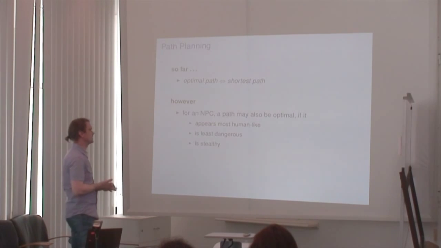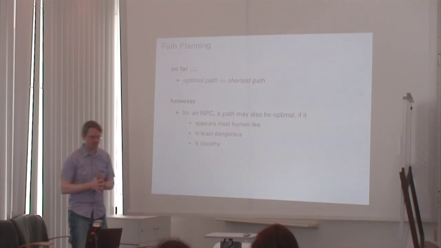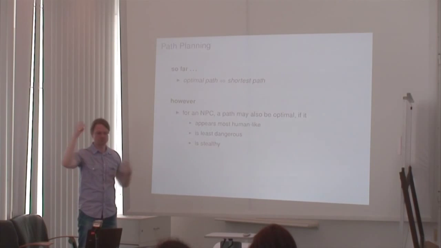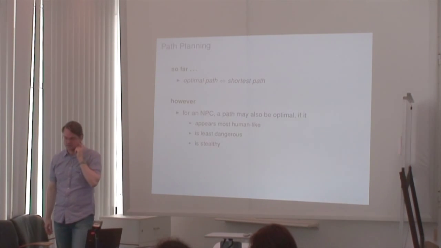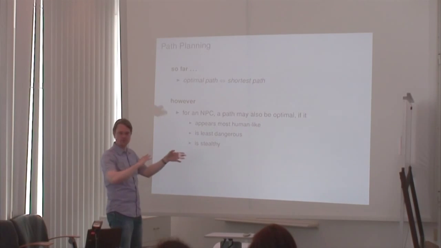For instance, it might be a good idea to produce a path that appears most human-like and not as ragged as these paths on the grid we have seen so far, probably a bit smoother.